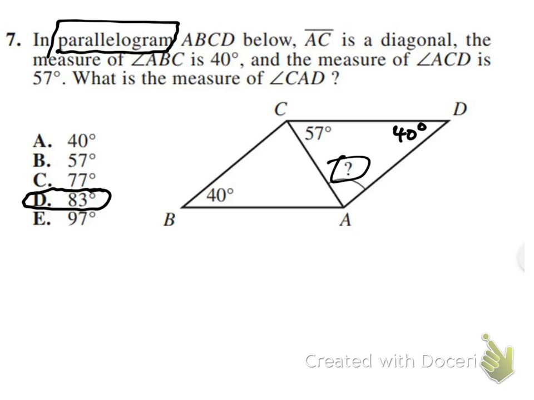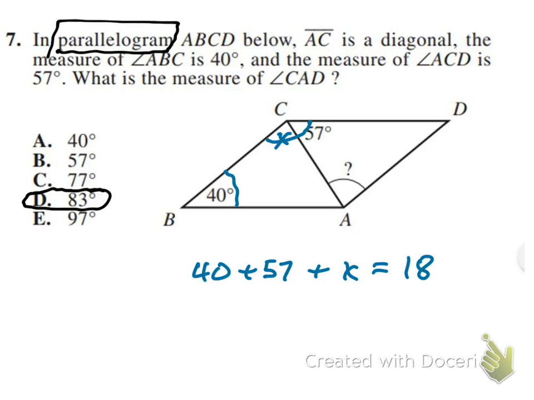Just for sake of interest, let's do this in another way. Another property of parallelograms is that adjacent angles, this angle and that angle, have to add up to be 180, don't they? Right? And then 40 degrees plus 57 degrees plus this angle right here, this little x value, has to equal 180.